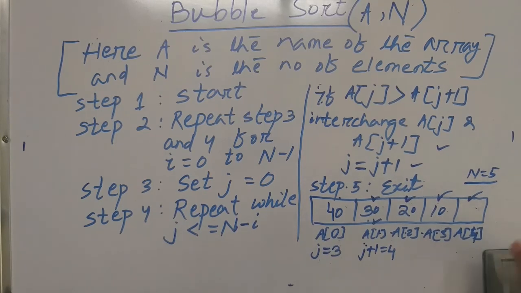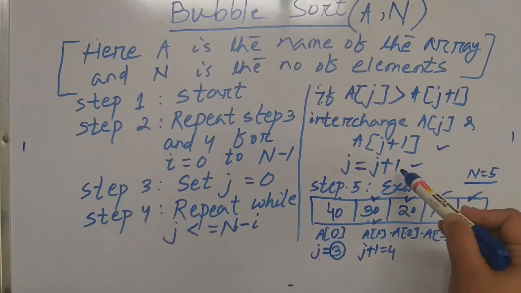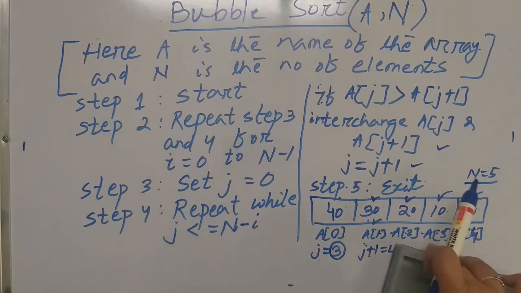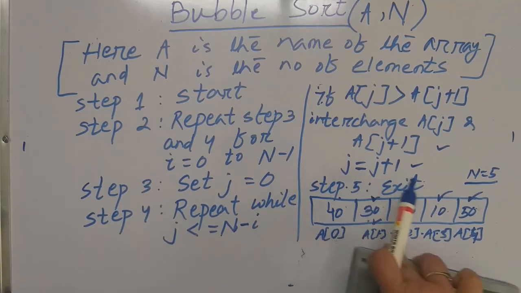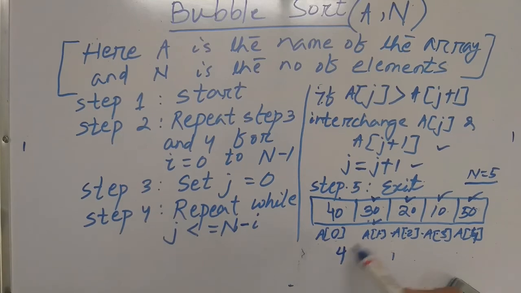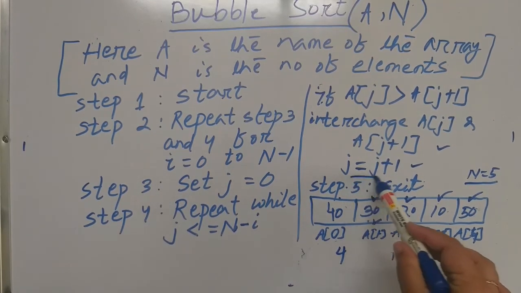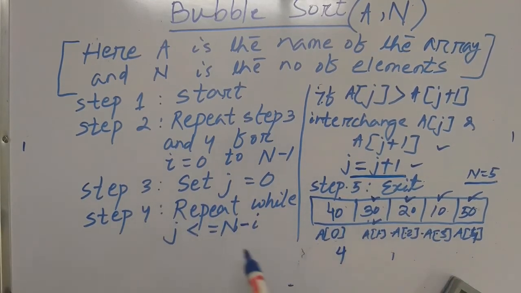Now what are we doing? We compare up to where j is less than or equal to n minus i. The j value now becomes 4, so the comparison goes up to 4, because j is less than or equal to n minus i.